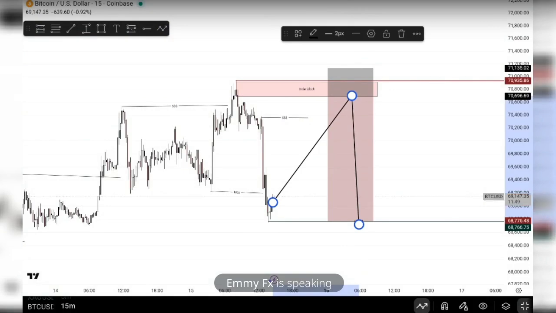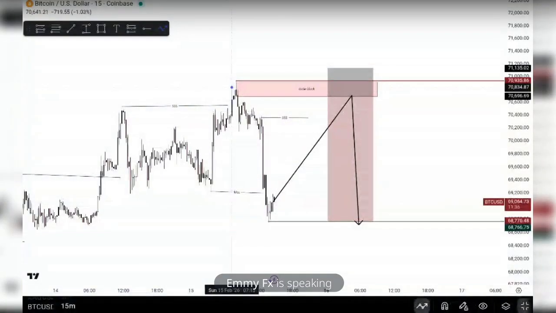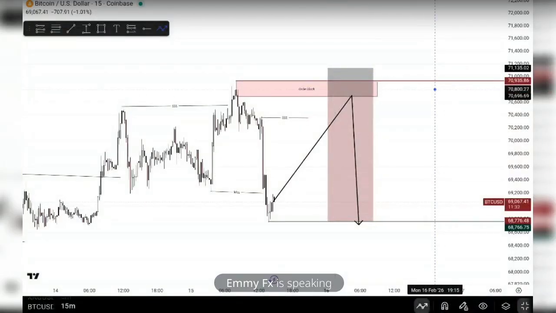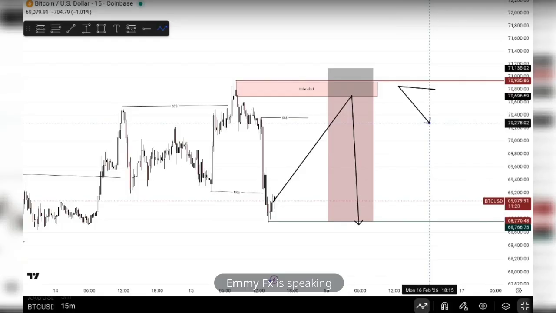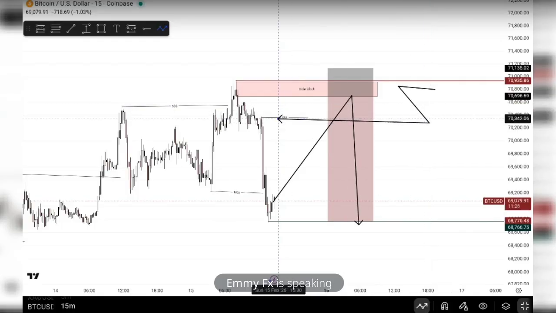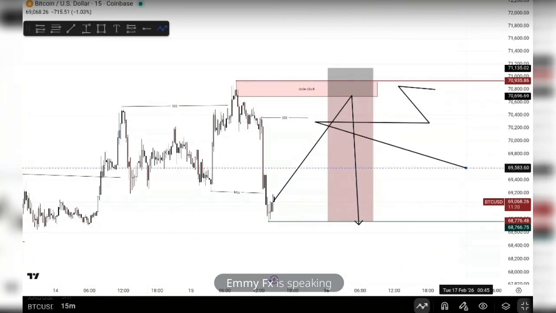We have this first premium pricing array, the second premium pricing array, and the third premium pricing array. Let me just mark it out. My POI right now is the first premium pricing array. Here, which I use as liquidity, is the second premium pricing array, and the movement here is the third premium pricing array.